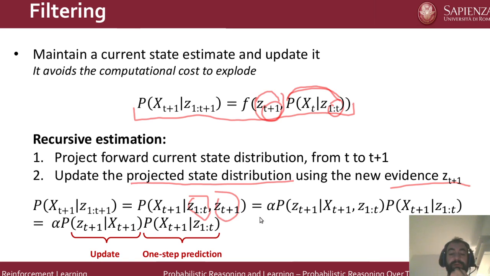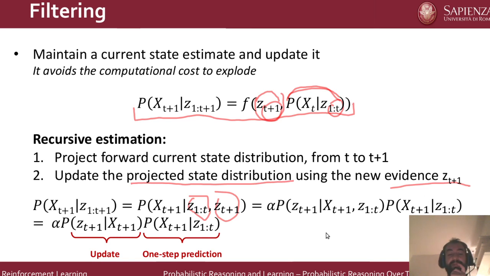And we know that we can apply Bayes' rule here, and this will be the same as the normalized probability of the new observation given the new state and the sequence of all previous observations, multiplied by the probability of the new state itself given the sequence of all the previous observations.